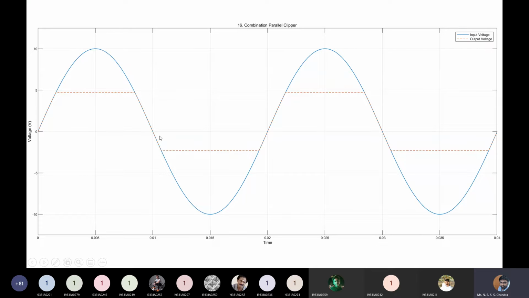Similarly, if you reduce this voltage further, instead of 2 volts, if I take only 1 volt, this will also rise further. So I can change the overall wave shape as per my convenience. This is the beginning of wave shaping in electronic circuits.